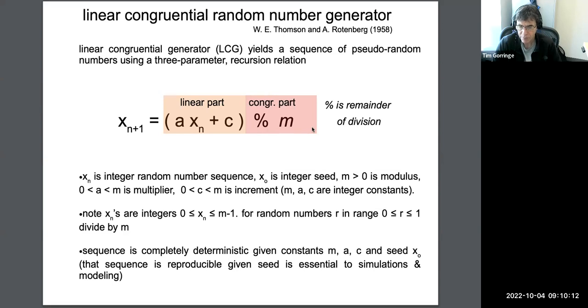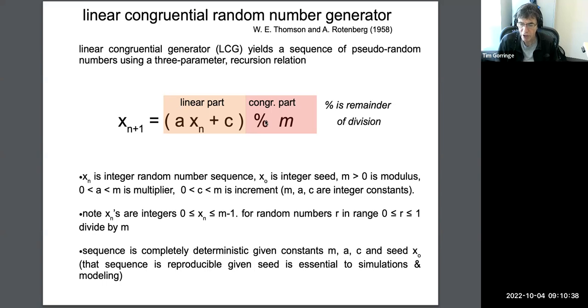This slide outlines the linear congruential random number generator, LCG for short. The equation describes how the generator works. In the equation, there's a quantity x subscript n, which is the sequence of random numbers we're going to generate.